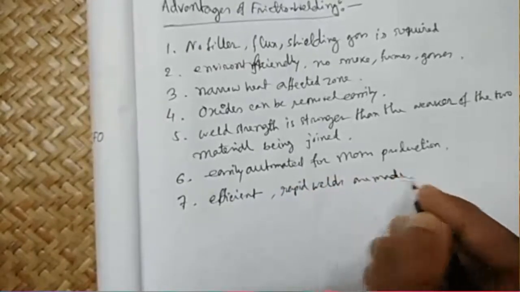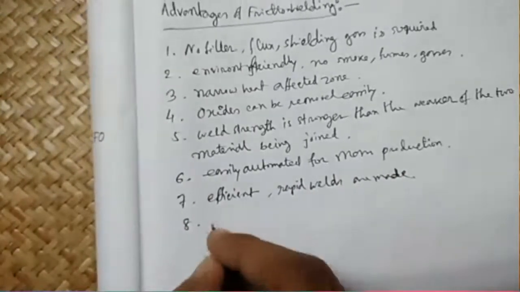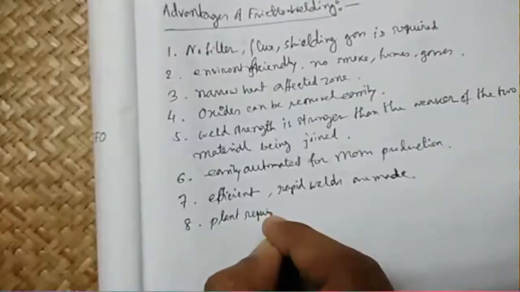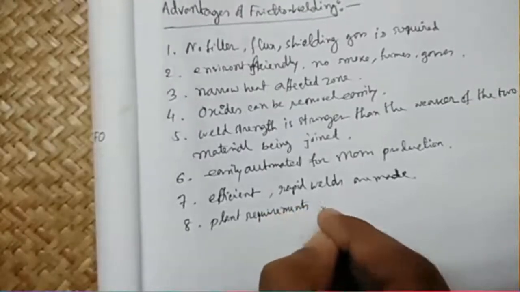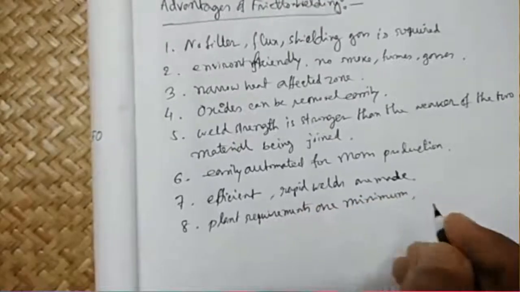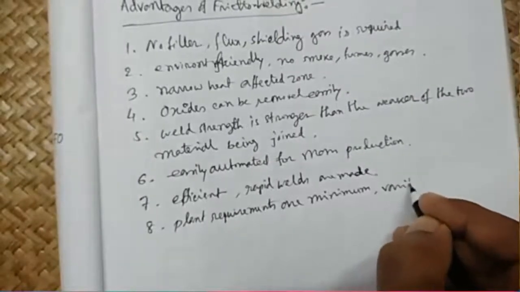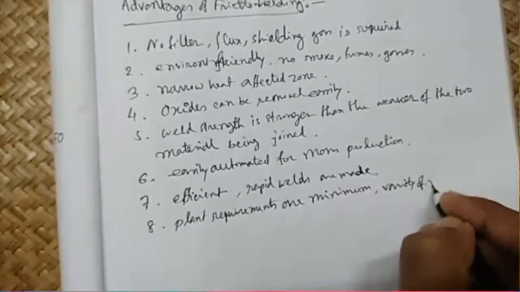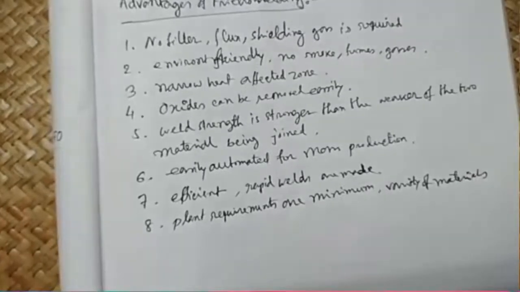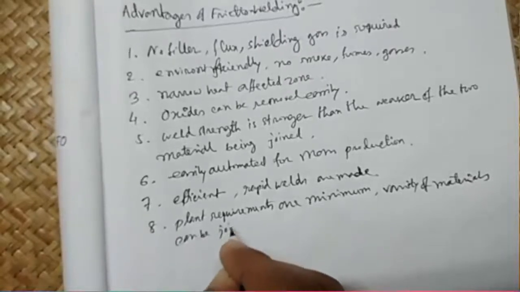Rapid means it takes very less time, and the plant requirements are minimum. And a variety of materials can be joined.